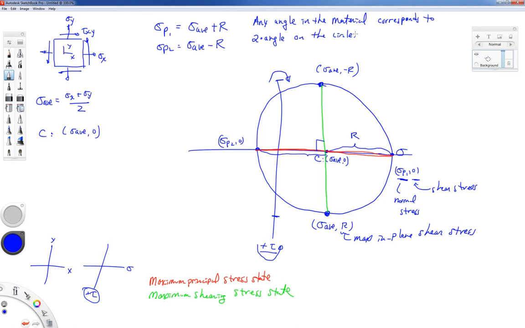The other thing that we want to say, and we'll tie all this together in a moment, is that every diameter of the Mohr circle represents a rotated state of stress.